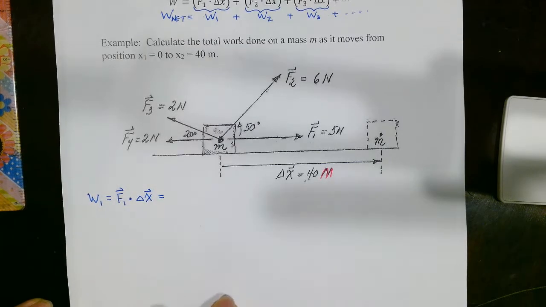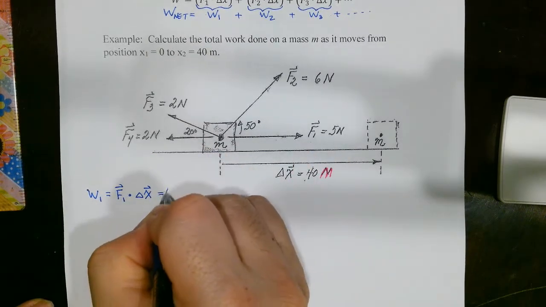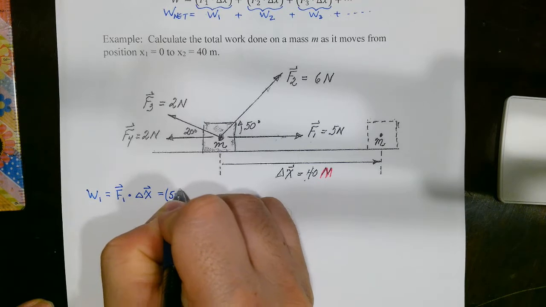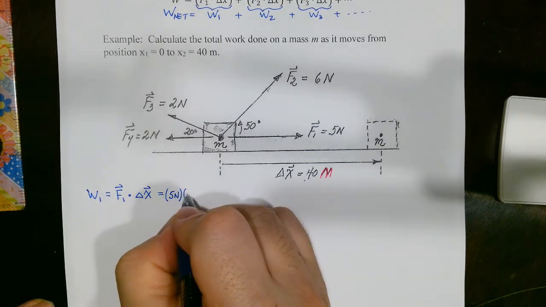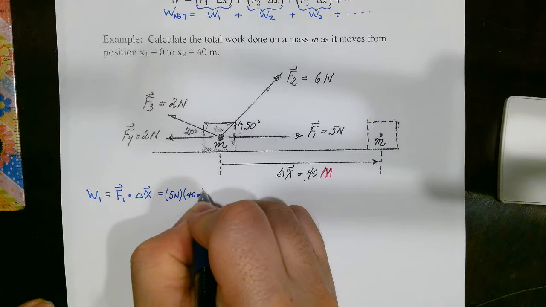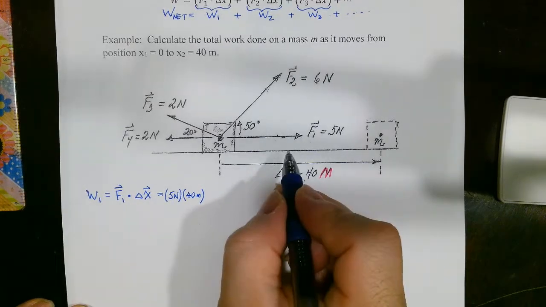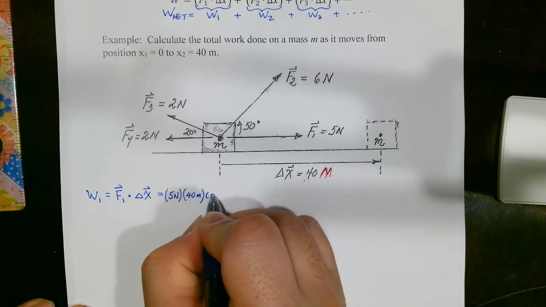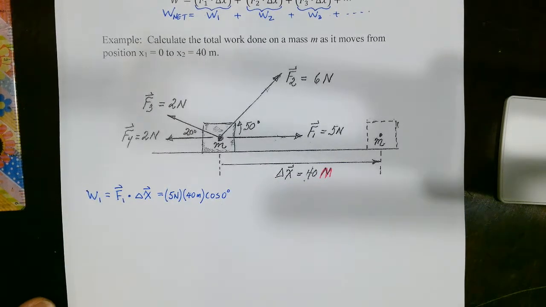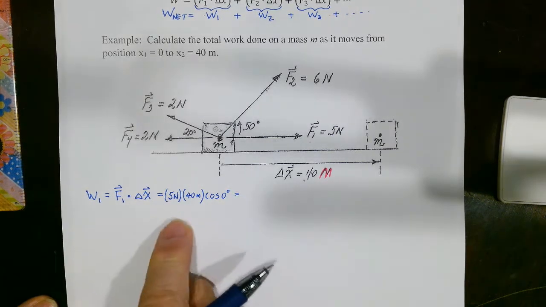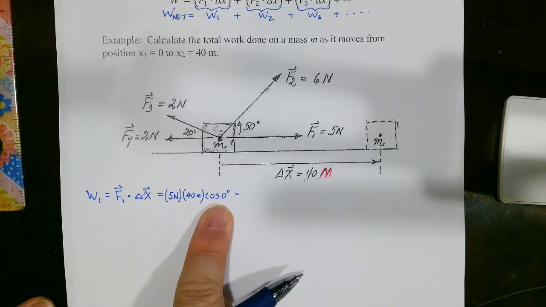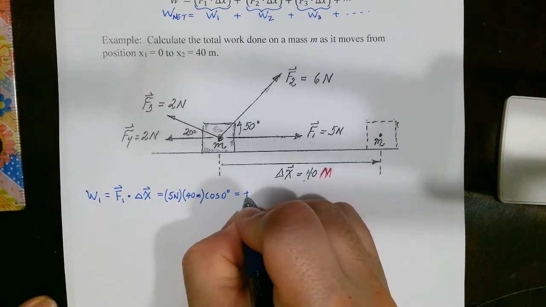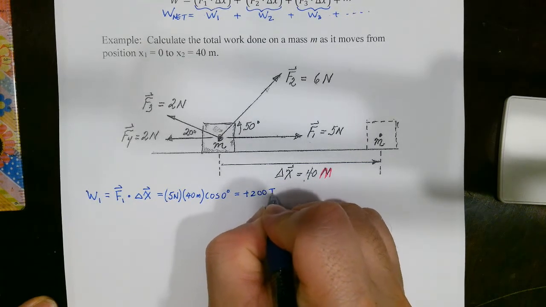Now F1 is 5 newtons times delta x is 40 meters times the angle between F1 and delta x is 0 degrees, so it's cosine of 0 degrees. Therefore, if I work this thing out, this is 200 times cosine of 0 is 1, so I get positive 200 joules.